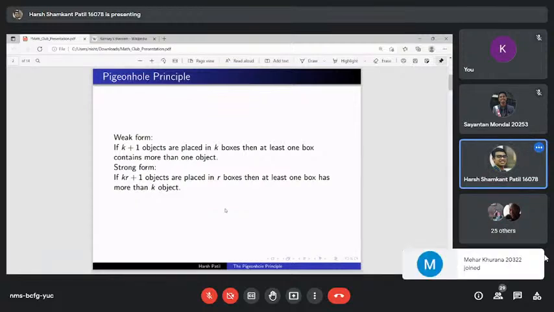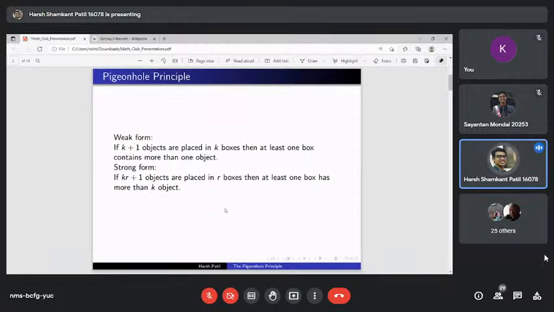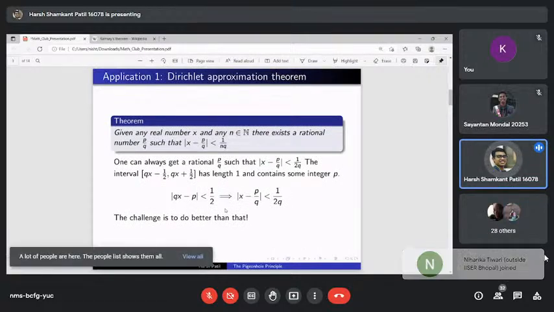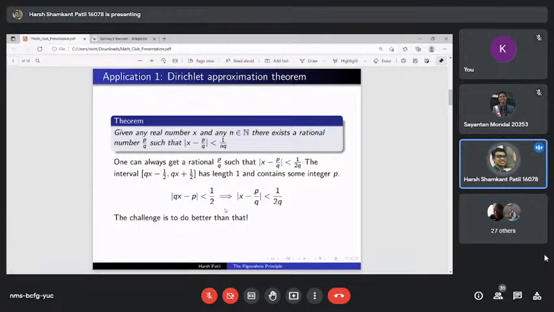These statements are pretty obvious, and let us now look at how they can be used to prove interesting things. So here goes the first application. The theorem says that given any real number x and any natural number n, there exists a rational number p by q such that |x - p/q| is less than 1 upon nq.